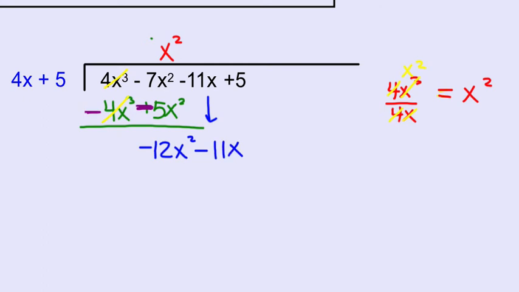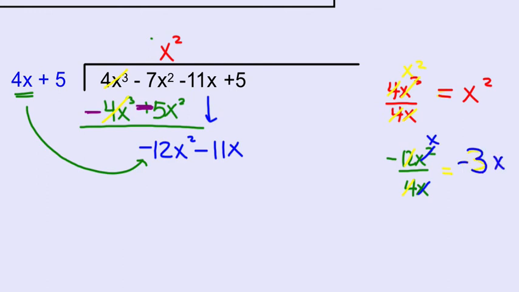Now we say, how many times does 4x divide into negative 12x squared? So off to the side, negative 12x squared divided by 4x. So I'm going to reduce that fraction by 4, so I'm left with negative 3. I'm going to divide that fraction by an x, so now I'm left with an x.